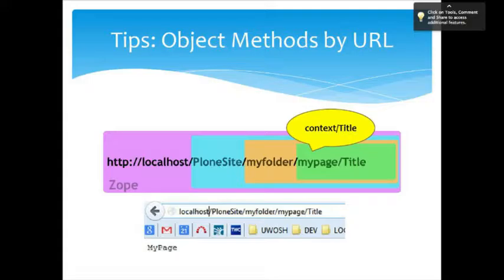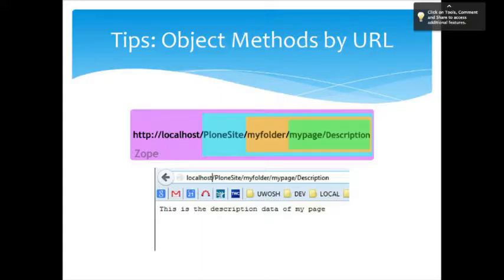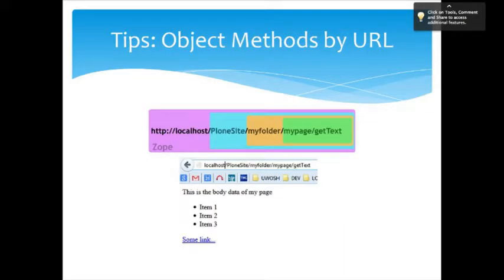So you're probably asking, what else can I do? Well, you want to see the description? You can go to my page /description, and it'll pop out the description as plain text. Now, these are attributes of my page. So what happens if I want to call a method of my page, such as the editor body of your page?